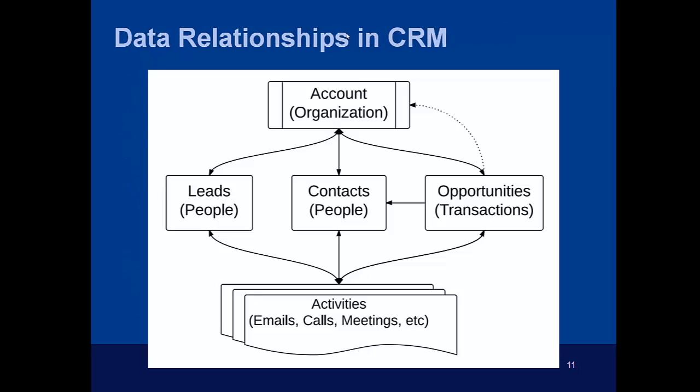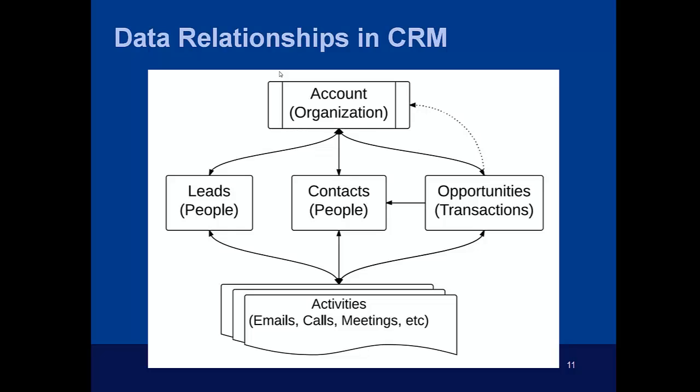The one thing that I do want to prep you for in terms of how Salesforce works is the idea of the relationships between the data in this system. At the top portion of this hierarchy, you can see our account record, which represents our organization. Underneath that organization, we have a couple of different records.